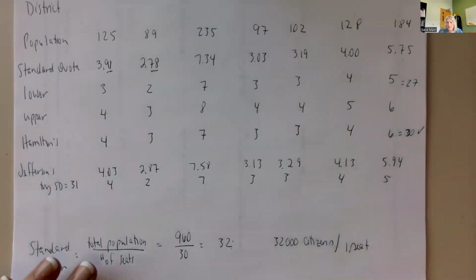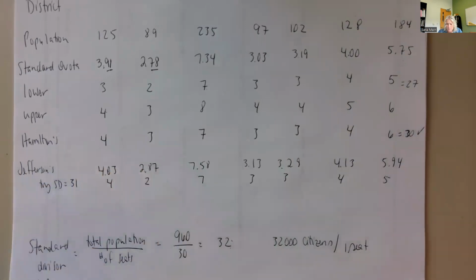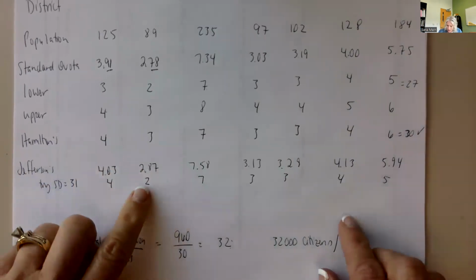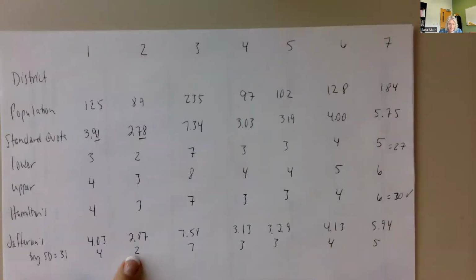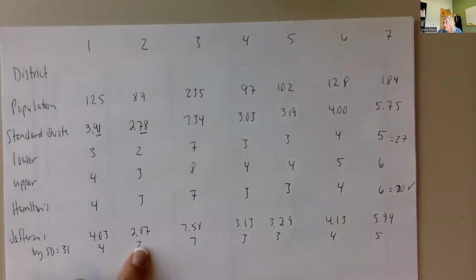If we lowered it to 30, the ones we're now trying to bump up would be the same ones that we end up getting in Hamilton's. We're really now trying to get 2 and 7.